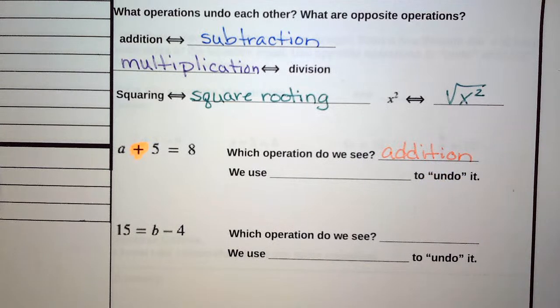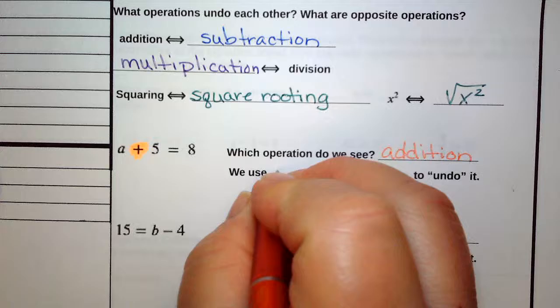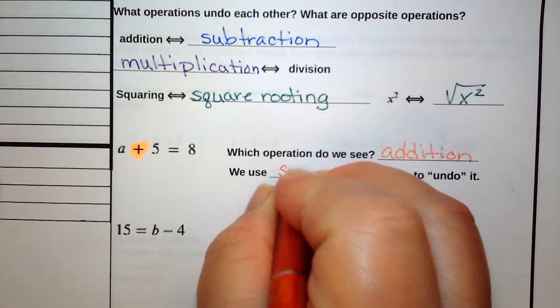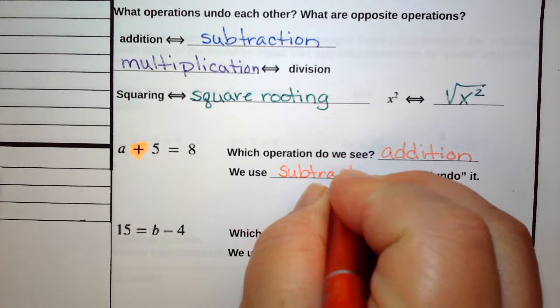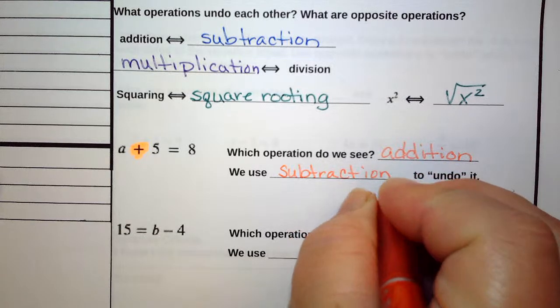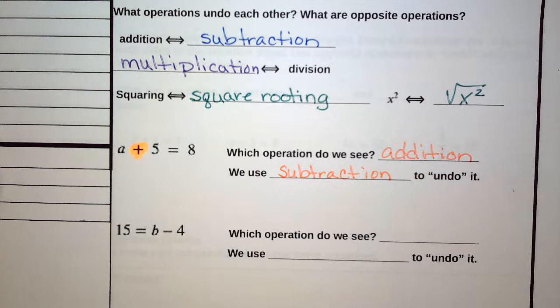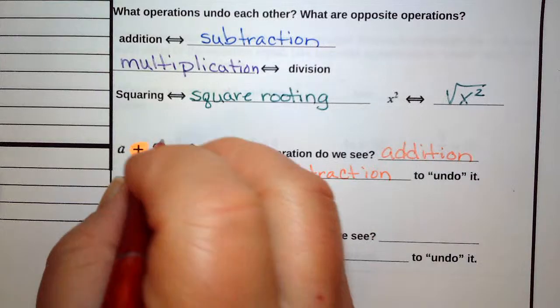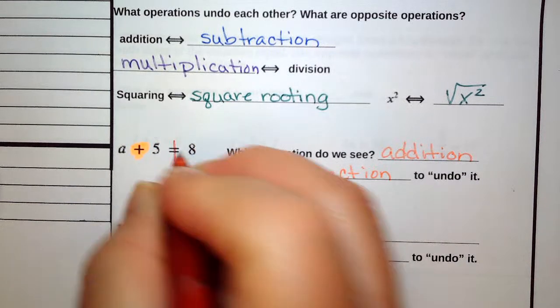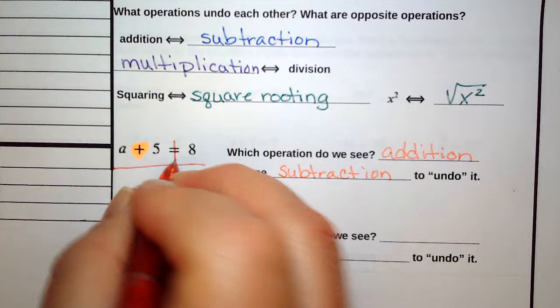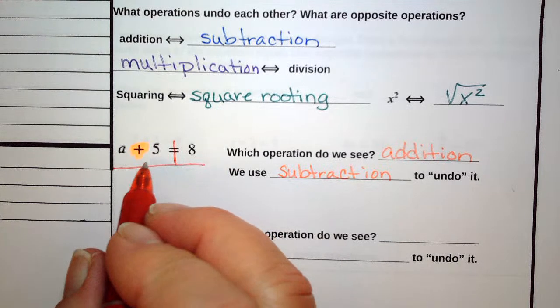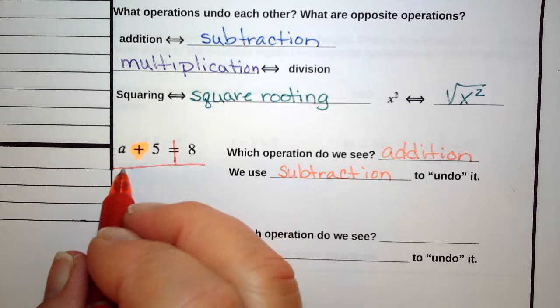How do I undo addition? We use subtraction to undo it. Okay, this is what you do. Step 1, draw a line through your equal sign. Step 2, draw another line underneath, leaving enough room to write.